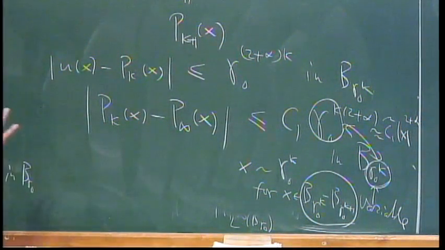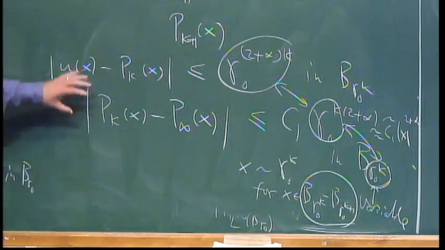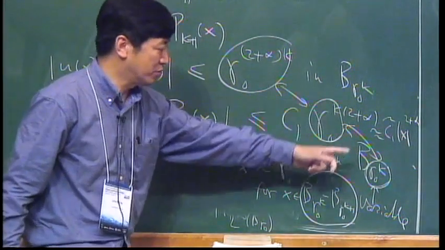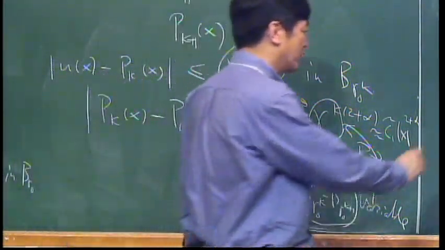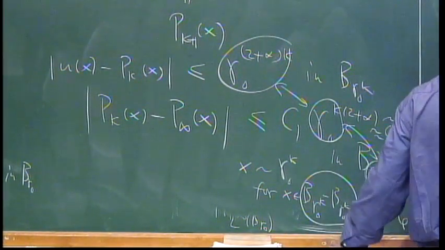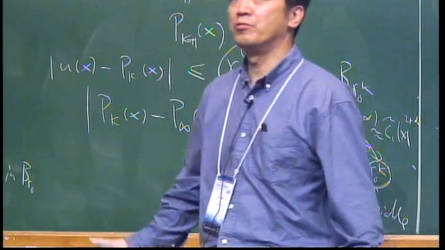You see the error, everything falls into place, and this can also be said exactly like that. And you put this error into that. Everything is this variable, x to the 2 plus alpha power. So at the very end, you get u of x minus p infinity of x is less than or equal to c1 tilde times x to the 2 plus alpha in each of the rings. But the union of the rings is the whole ball.